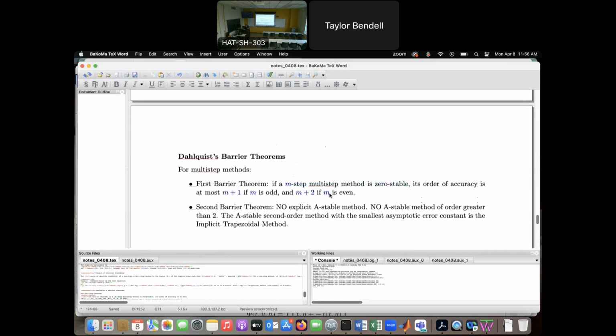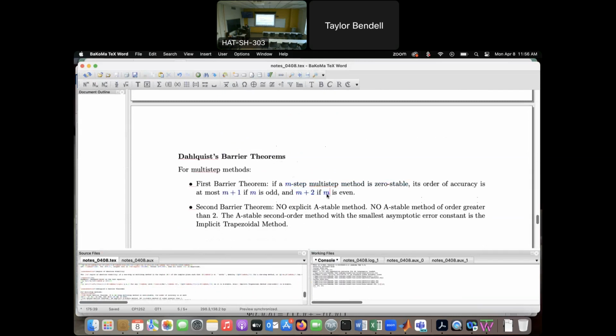Simpson's method is a 2-step method, so m equals 2. It is a zero stable method, just weakly zero stable. The theorem does not distinguish. So it has the maximum order of accuracy possible for a zero stable multi-step method, that is 4. So you can have quite high order accurate methods for a low number of steps, but then they're not going to be zero stable.